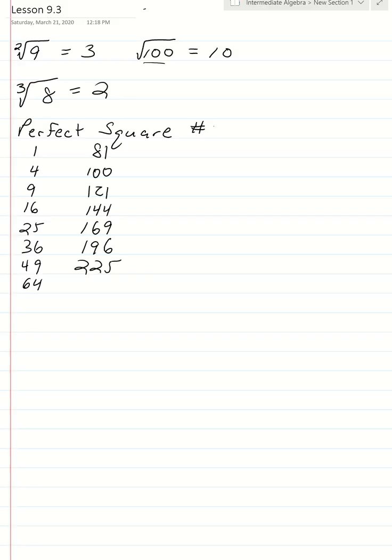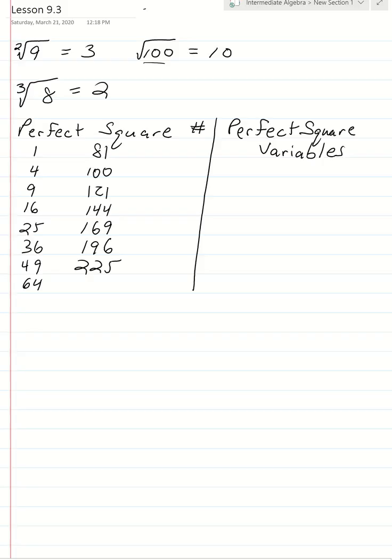We also had perfect square variables, you may recall. Some examples are x squared, x to the 4th, x to the 6th, x to the 8th power, x to the 10th, x to the 12th.